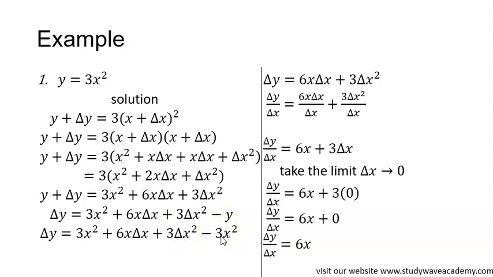Okay, hope you're not confused. So 3x squared cancel 3x squared over here. So we are left with 6x the change of x plus 3 the change of x squared, okay? So the change of y is equals to 6x the change of x plus 3 the change of x squared.